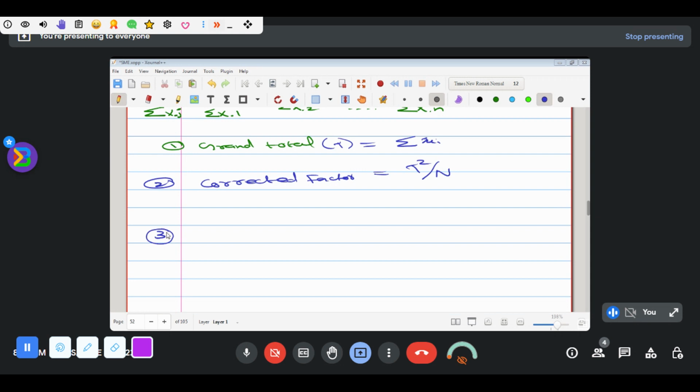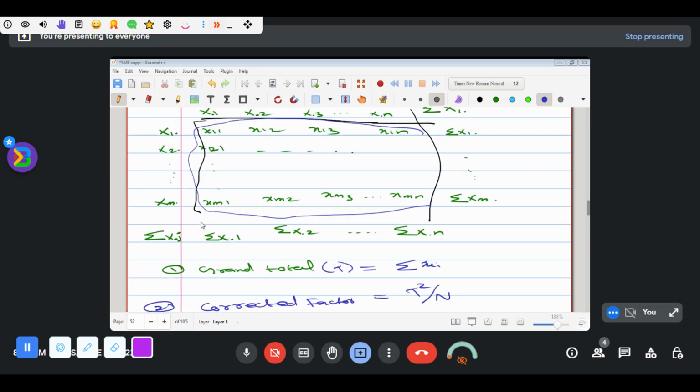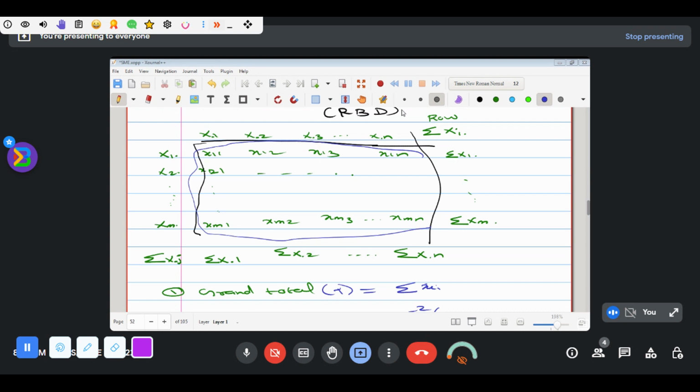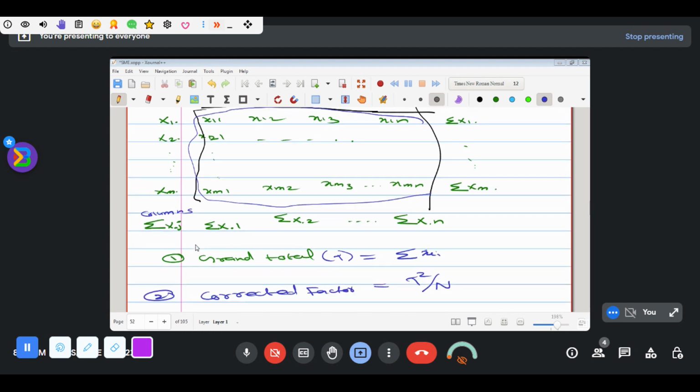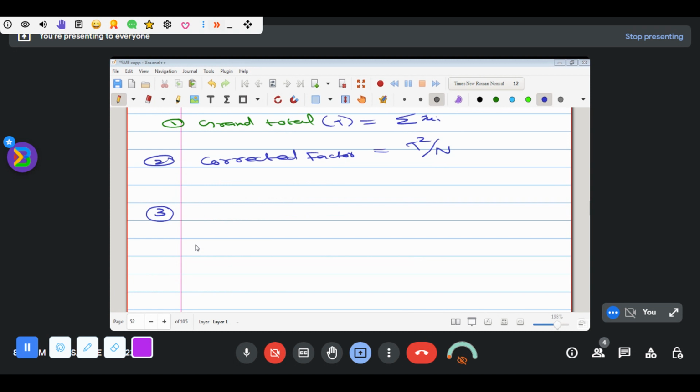What is the third calculation? Third, you need the previous one, SSC, as in one-way. Here I note row and column separately. Therefore I write the first formula as the row-wise formula: SSR, meaning sum of squares of rows.